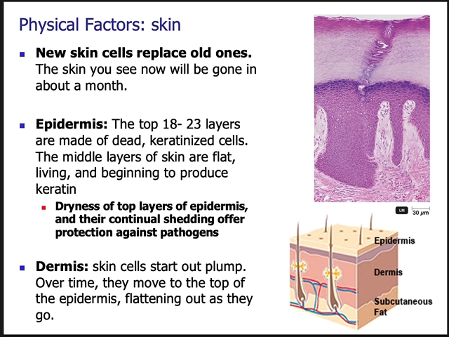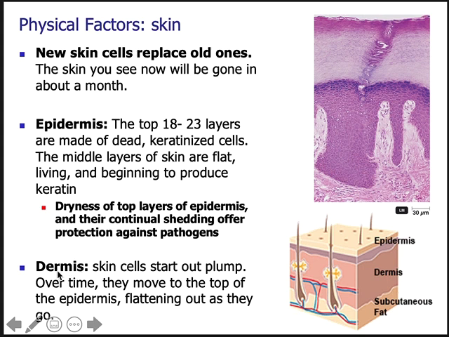Anything that started to colonize typically will be shed. So these are physical factors, how your skin is a physical barrier, mainly due to the dryness of the top layers of the epidermis, which is due to your keratin, and the continual shedding. Those are the two main properties of the skin that act as a protection against pathogens.